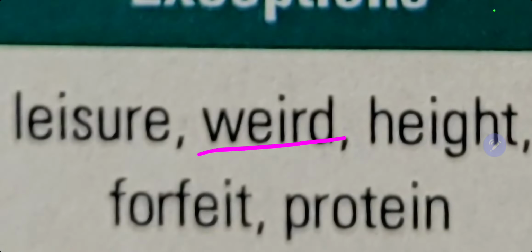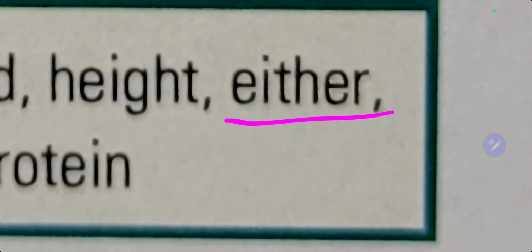You pronounce it with the A sound, so you use the EI. Same for sleigh, freight, veil, and neigh. There are a few exceptions like seize, leisure, weird, height, either, forfeit, protein, etc.